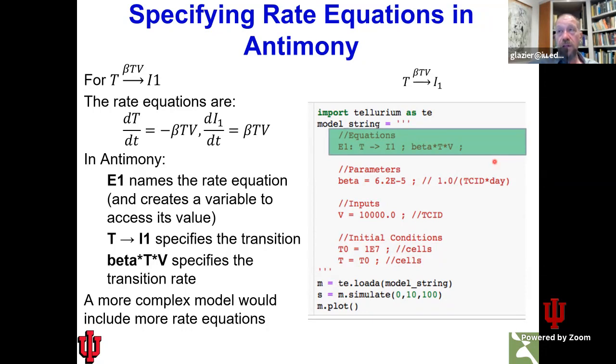If I write the ordinary differential equations, in this case, dT by dt equals minus beta TV, dI1 by dt equals beta TV, I can unambiguously rederive this arrow diagram. In the case of complicated arrow diagrams, you cannot go back from the ordinary differential equations to the underlying arrows.